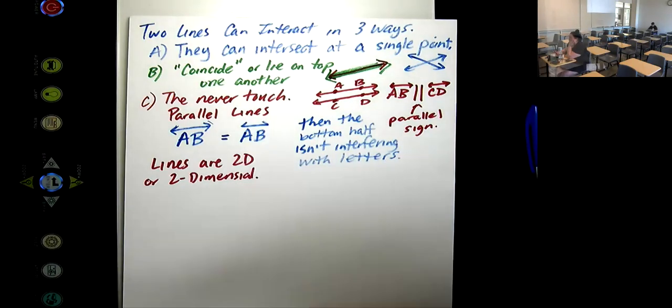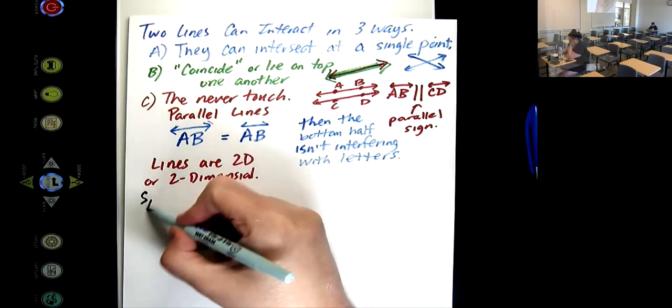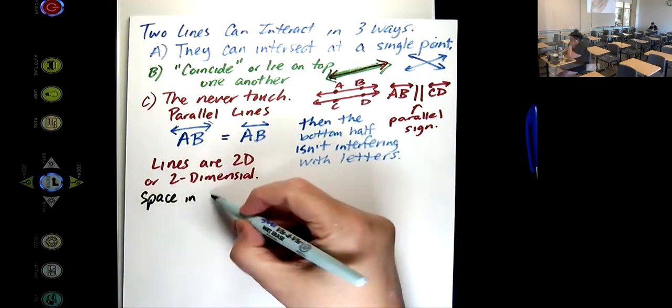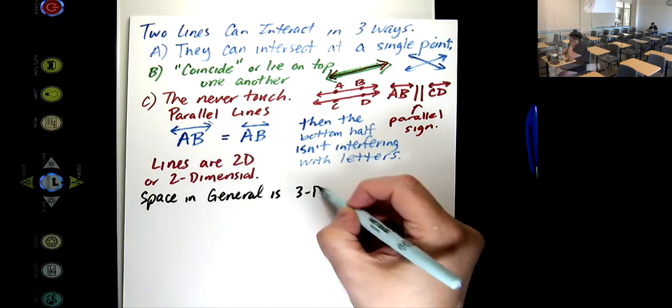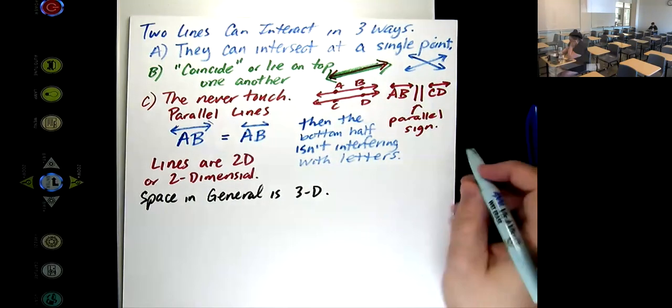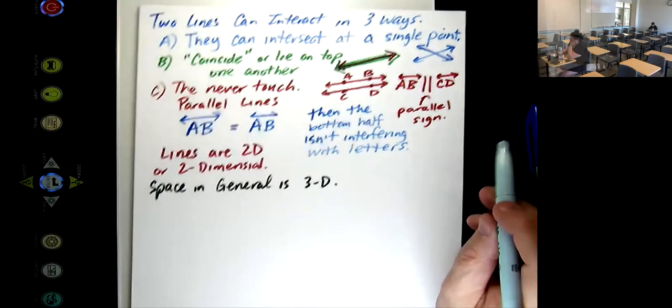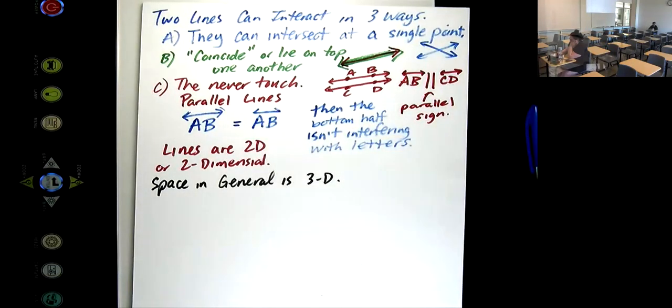Space in general is three-dimensional. And for geometry, we're not really doing anything with that as of now.